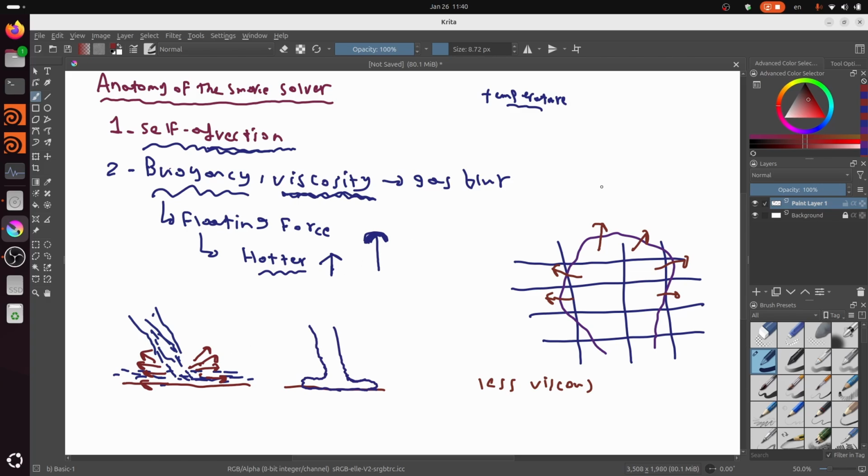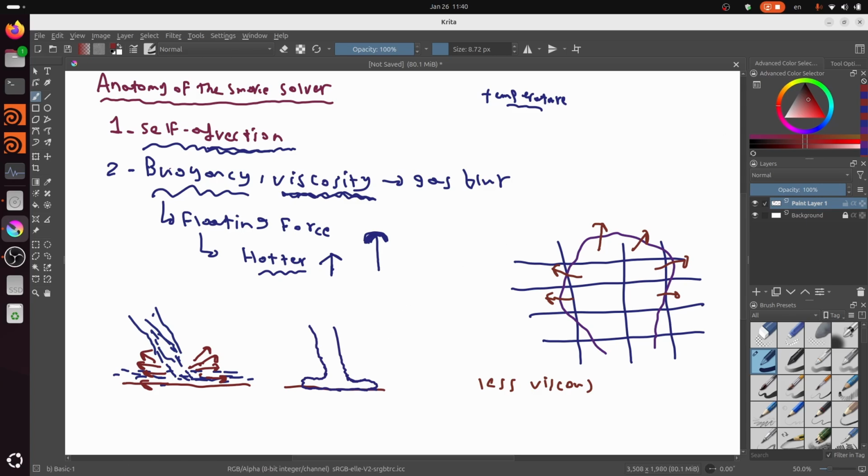When you spill some water, it spreads in all directions. But in the case of honey, the velocity vectors are not going to be so much different. The viscosity effect will minimize the difference between the velocity vectors, and this is going to minimize the spreading motion of our honey.